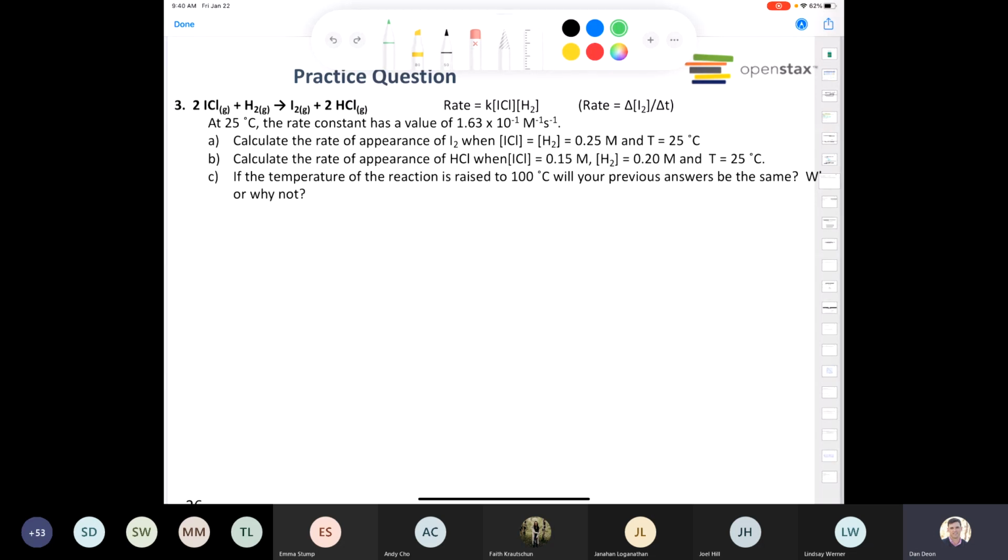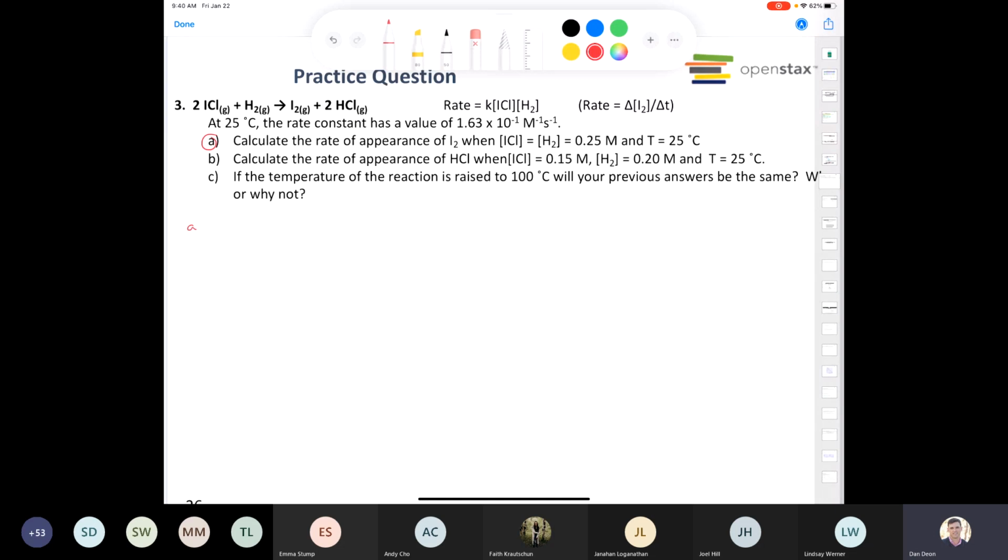It says the value of the rate constant has a value of molar to the -1 times seconds to the -1. And it asks us to calculate the rate of appearance of iodine when we have the concentration of the two reactants as being 0.25 molar. So I'm on the first part right here.